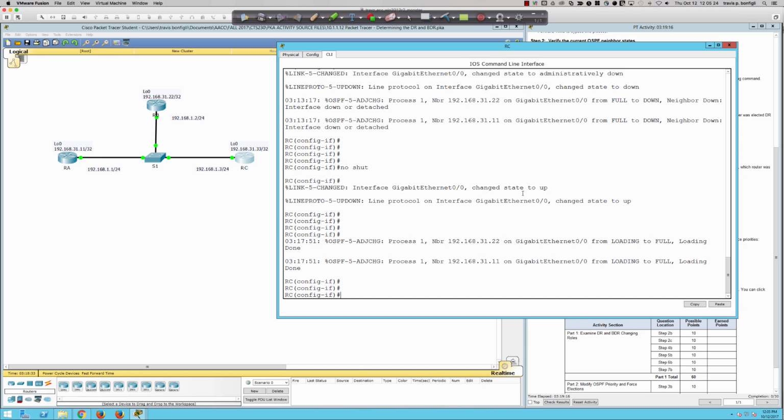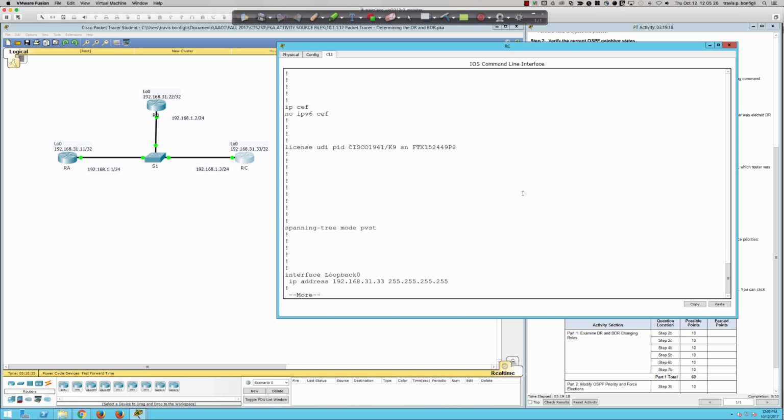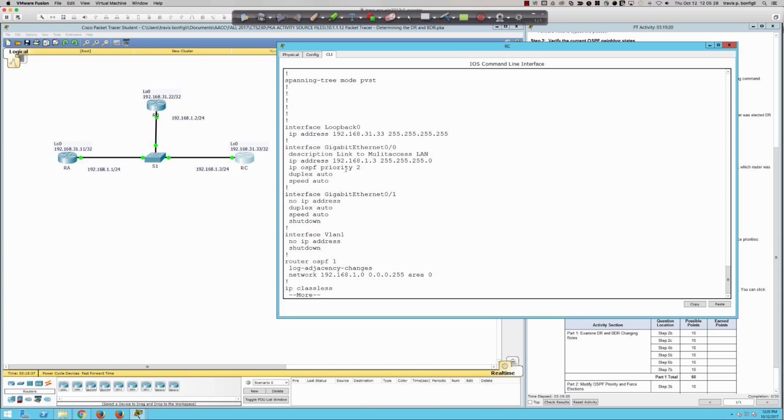Even though router C, do show run, has a higher OSPF priority and a higher router ID, it went offline.